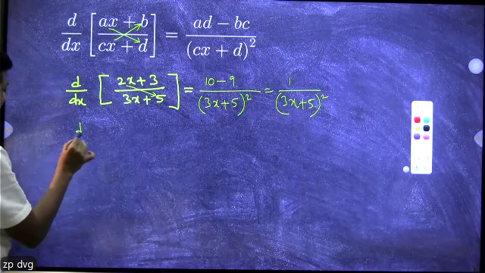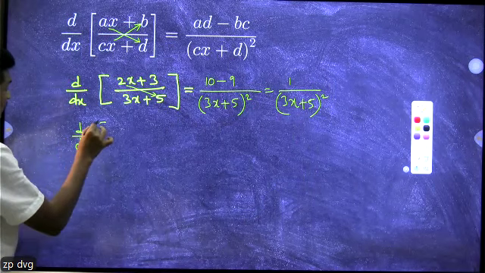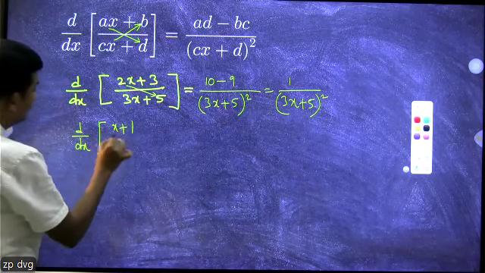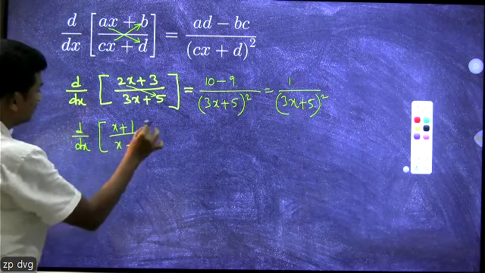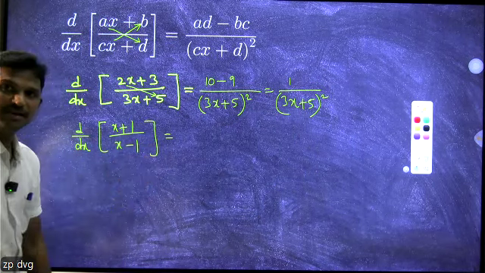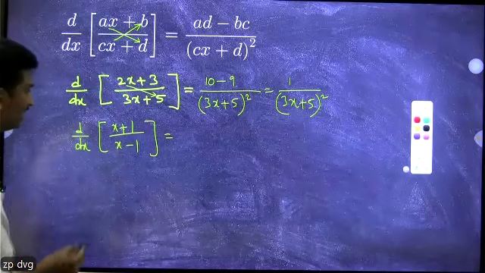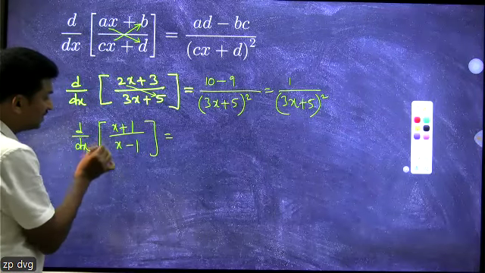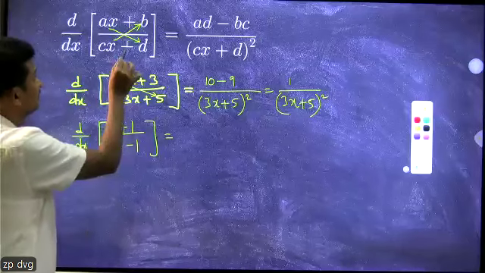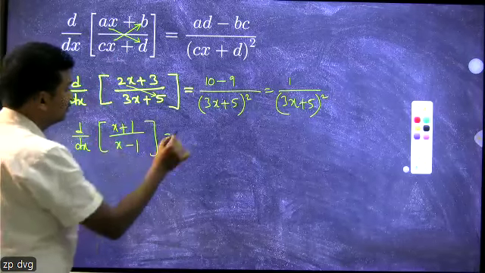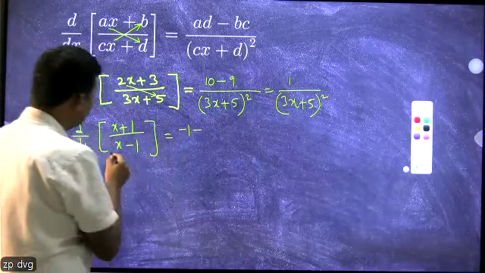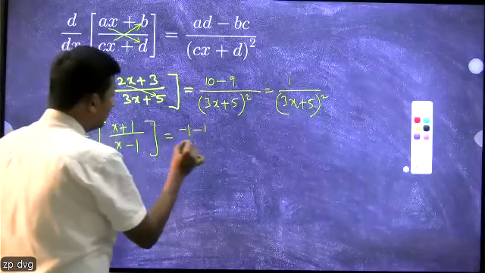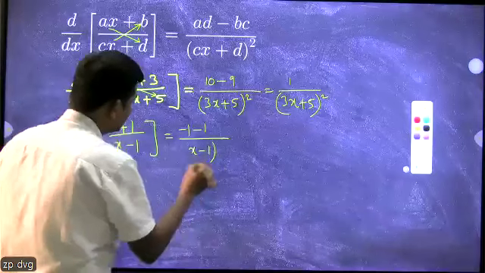Suppose a question is given like this: dy dx of x plus 1 divided by x minus 1. What is the derivative of this? What is ad here? 1 is there. Here d is what? d is minus 1. Compare with this. d is minus 1. 1 into minus 1 is minus 1, minus bc, 1 into 1, divided by denominator whole square, x minus 1 whole square.